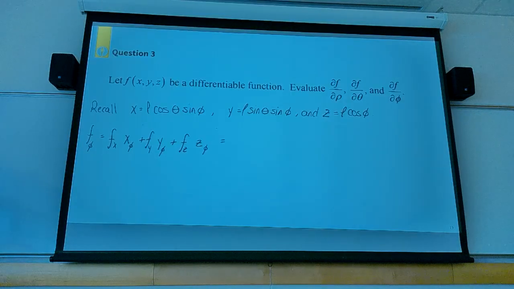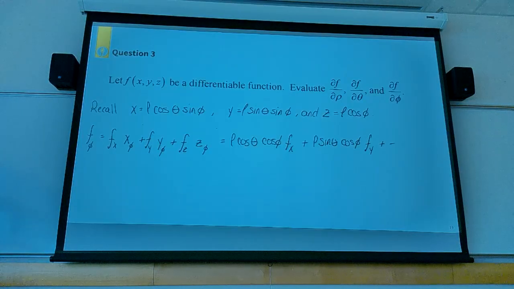Now with respect to phi. Partial x, partial phi: rho cosine theta cosine phi. Y: it's rho sine theta cosine phi. And finally z.